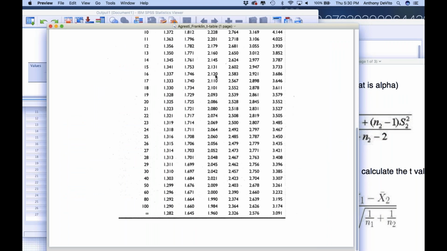Can you see that there? 2.12 is our critical value, so we want our t-score to be bigger than 2.12 to make our level of certainty better. In other words, to have less of a chance of being wrong than 5%.